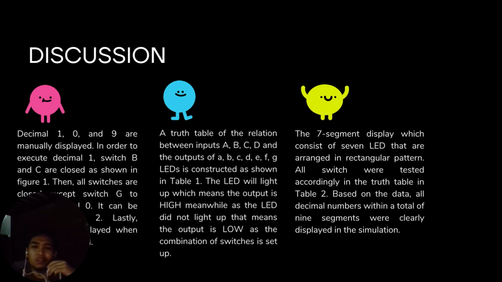Moreover, a truth table of the relation between the inputs uppercase A, B, C, and D, and the outputs lowercase a until g LEDs is constructed. If the LED lights up, it means the output is high, and if the LED does not light up, it means the output is low, as the combination of switches is set up.